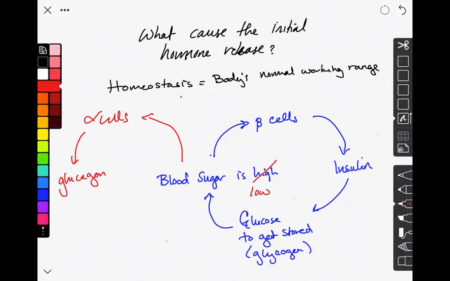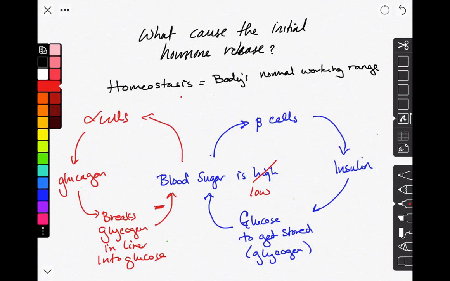And what glucagon does is it breaks the glycogen in the liver into glucose. And then that brings that blood sugar back up. It's a negative feedback because it's reducing the stimulus. It's surprisingly easy to screw that up. All right, so that's going to bring the blood sugar back up.